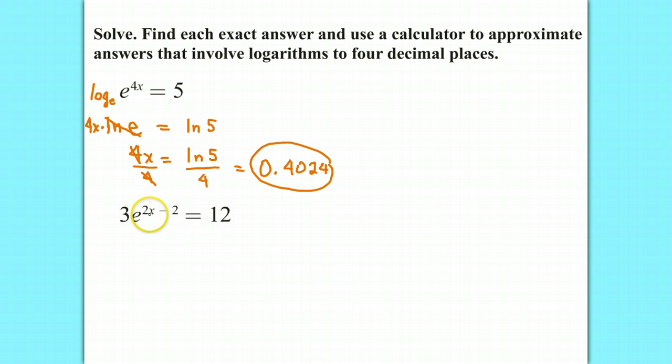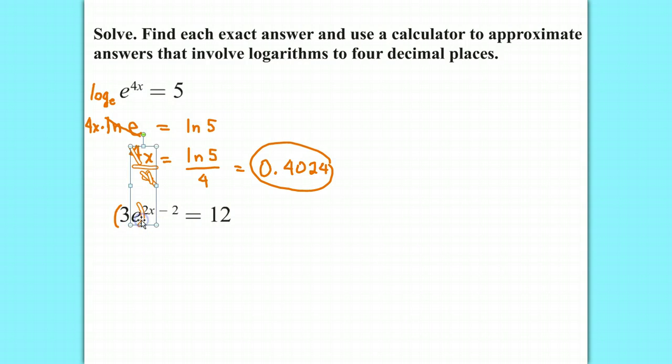Okay, let's try this one. Now in this one, again, like on the previous slide, you want to make sure that you just have your base raised to the exponent. So the 3 actually is not raised to this 2x minus 2 power. It's just the e. If it was the 3 as well, you would actually have parentheses around there like that, and we don't.